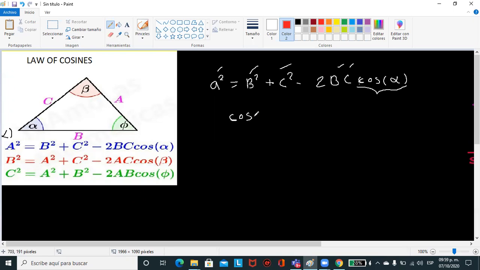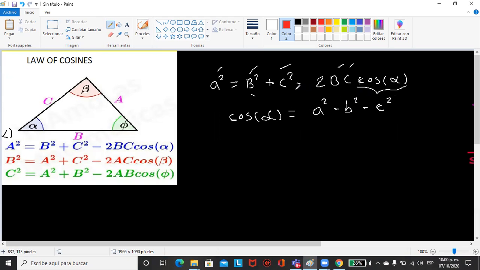So cosine of alpha must be equal to this side stays the same, so this is a squared, and a, b, and c are positive, so pass to the other side negative, minus b squared minus c squared, right?